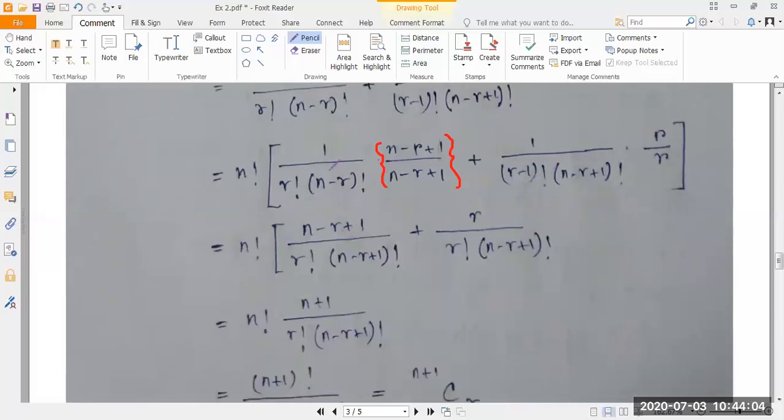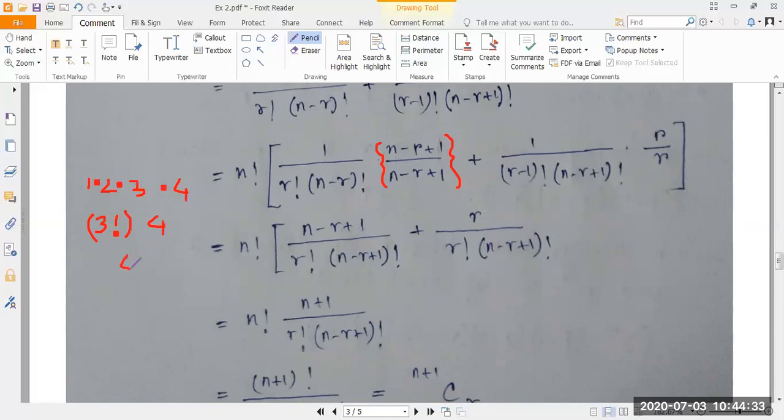So the next step, if you see, (n−r) factorial into (n−r+1) essentially will become (n−r+1) factorial, because when you multiply, let's say you have 1 into 2 into 3, that's basically 3 factorial. When you multiply a factorial term with its next term, so let's say you multiply 3 factorial into 4, you essentially multiply 1 into 2 into 3 into 4.